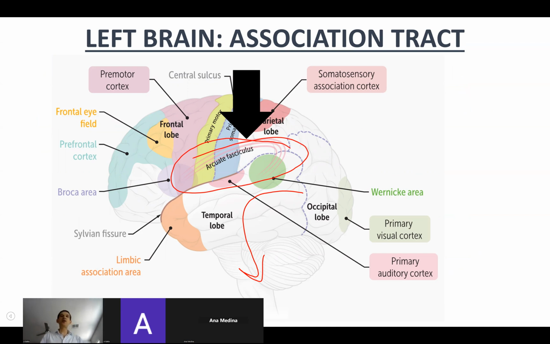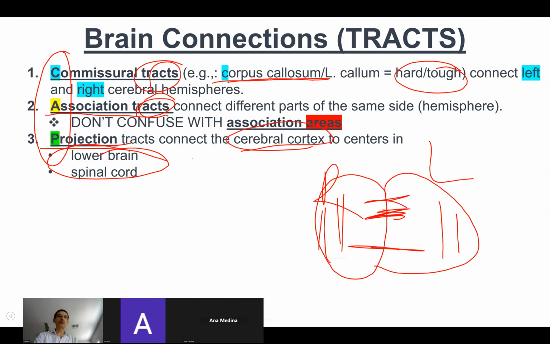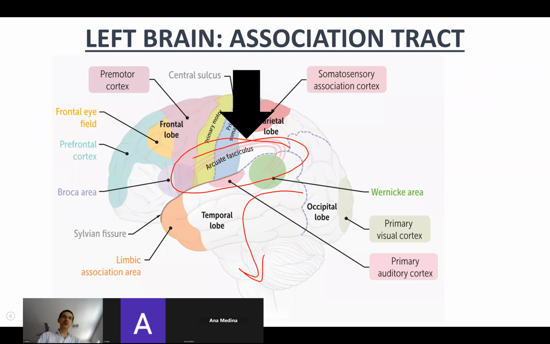How do I know? Why is it not a commissural tract? Because commissural tracts connect the left lobe with the right lobe, and there is no connection that we can see. The corpus callosum would be a commissural tract. This is an example called the arcuate fasciculus.